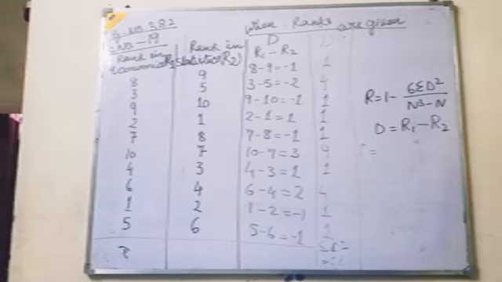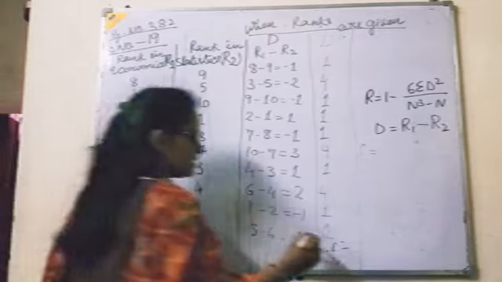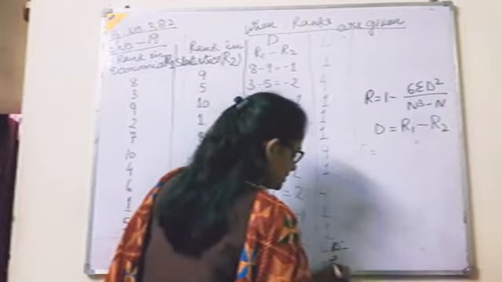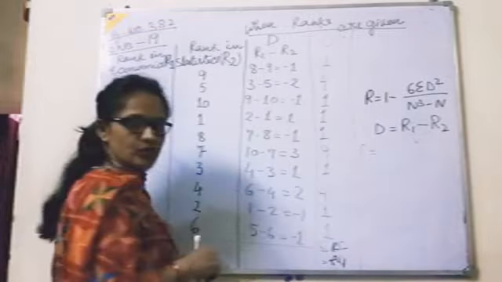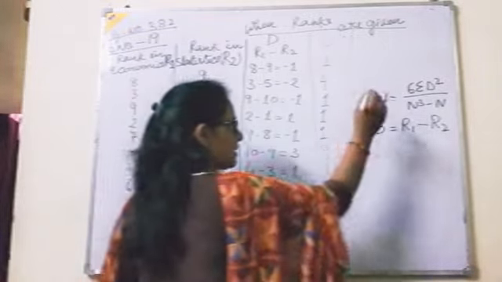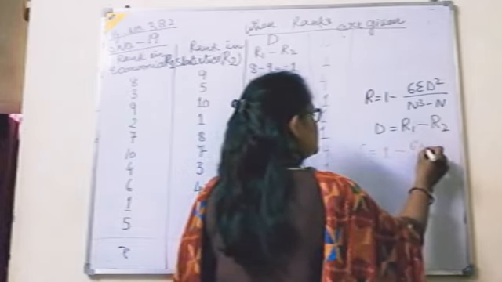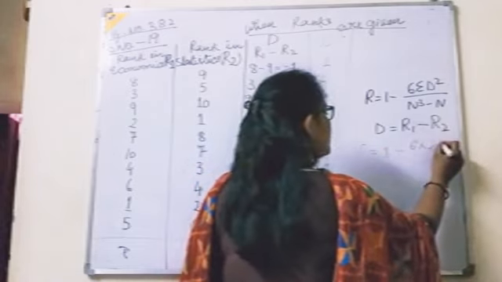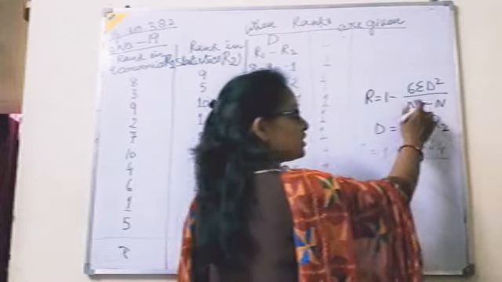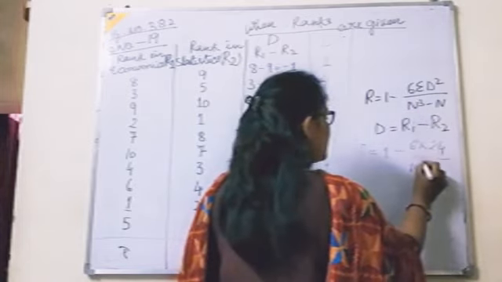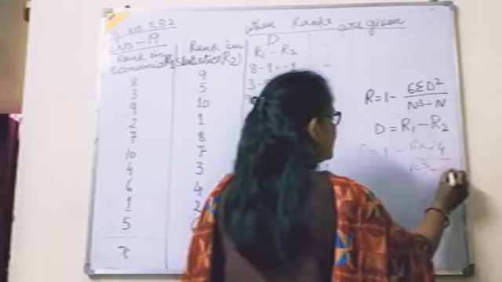So summation D square we got is equal to 24. We'll plot in the formula 1 minus 6 into 24 divided by, what is your N? N is your 10 cube minus 10.